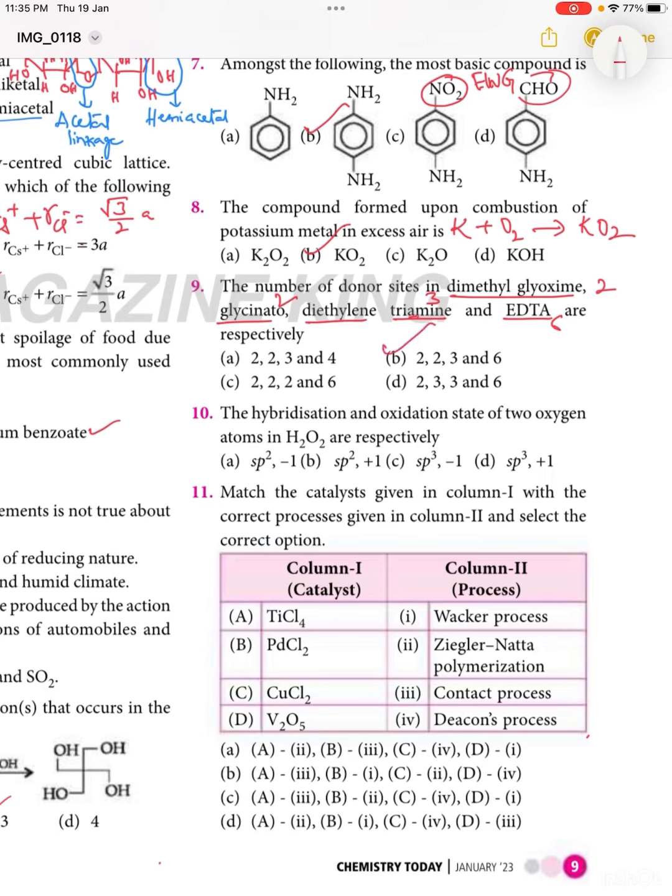The structures you have to know. So if you want, I'll write the structures of those compounds. First one, dimethylglyoximato.